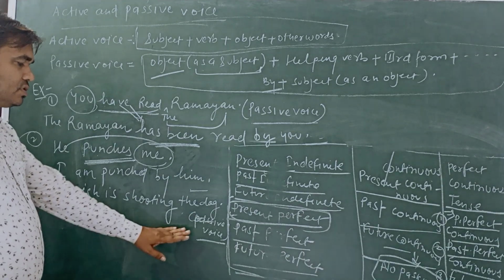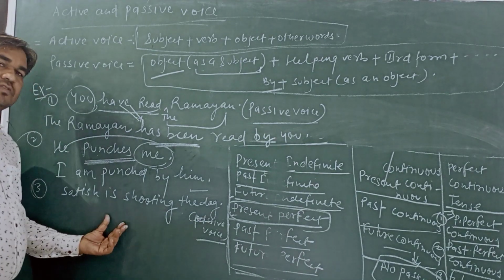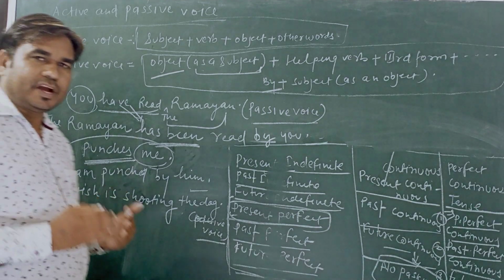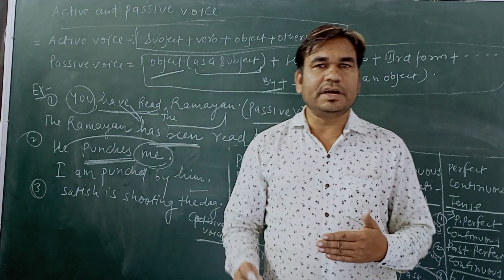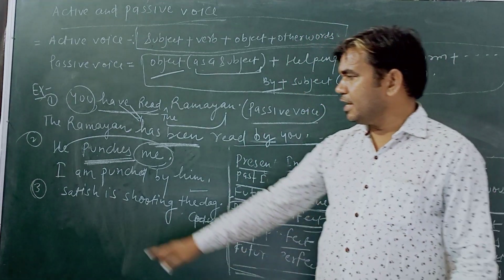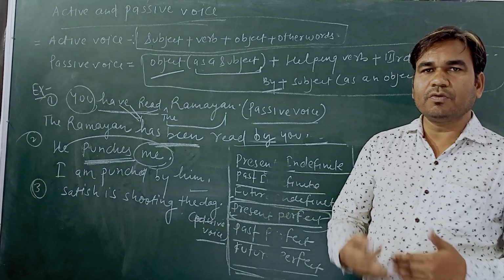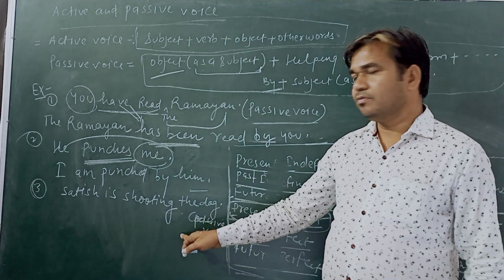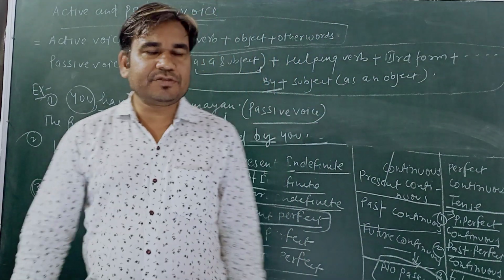So students, you see the passive voice. First we see the tense of the active voice. The tense of the active voice is present continuous, that is, "is" and verb plus ing, and we have to convert this tense into passive voice. So let me see.